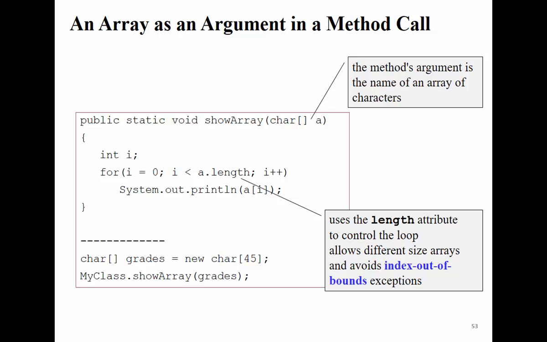This is how you send an array to a method to work on that array. Then inside the method, I start printing the array. Here I define grades, and then I call myClasses.showArray and send the grades. There's nothing different in the call statement, but in the header, the parameters must make sure we are receiving an array.